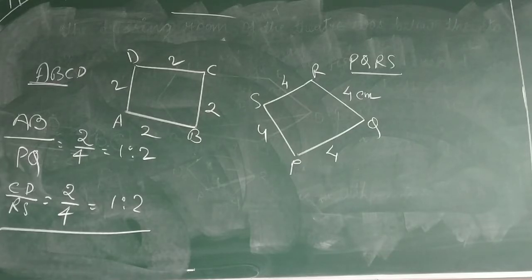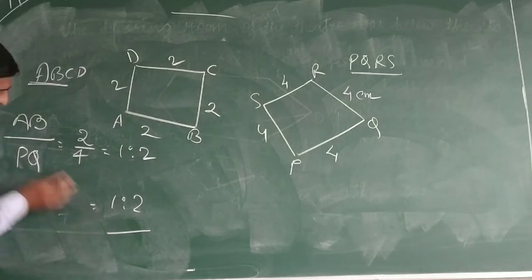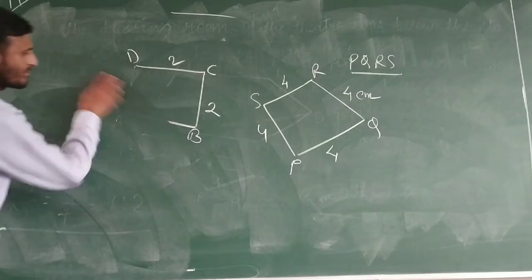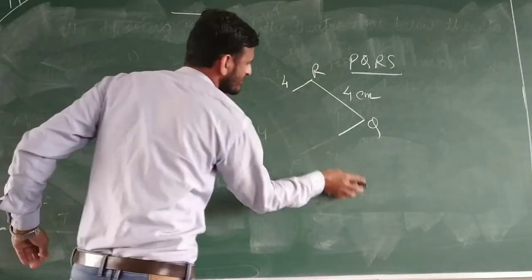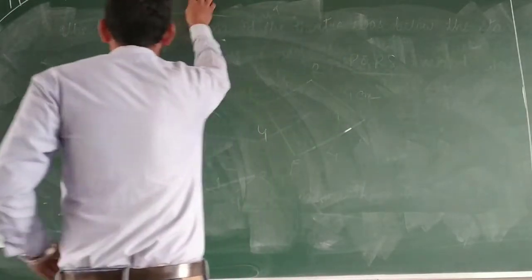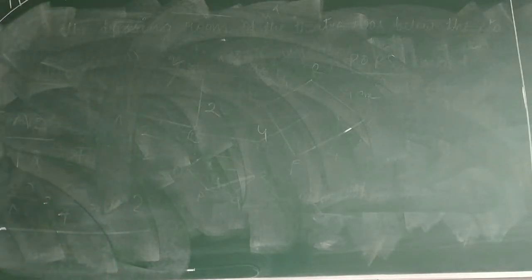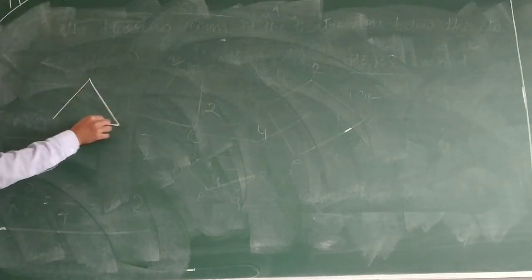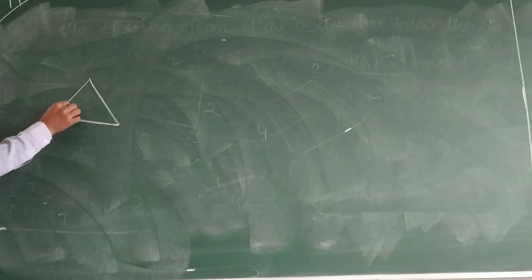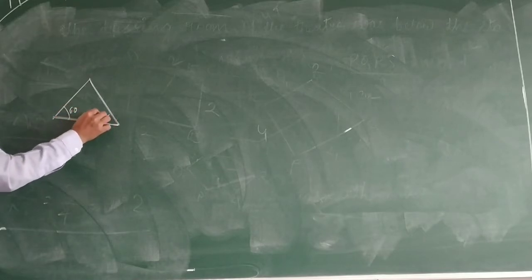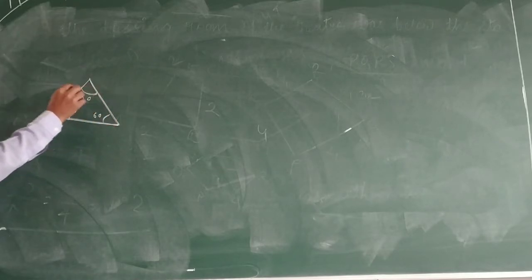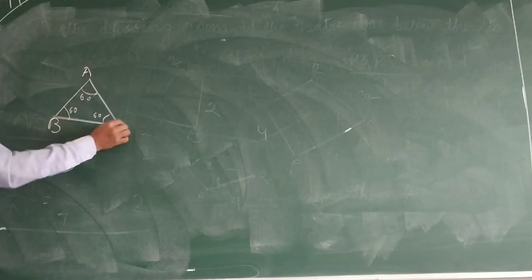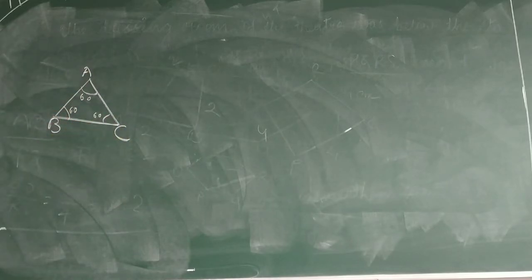Now let us come to the triangle. Suppose I am drawing a triangle ABC of 60 degree, 60 degree, 60 degree. What type of triangle is this? Equilateral triangle.